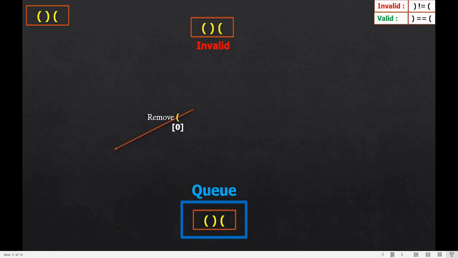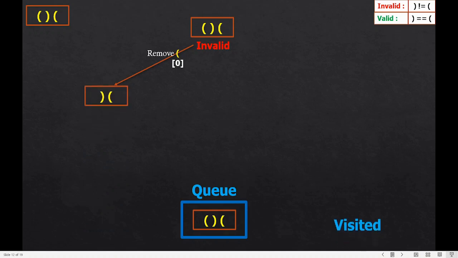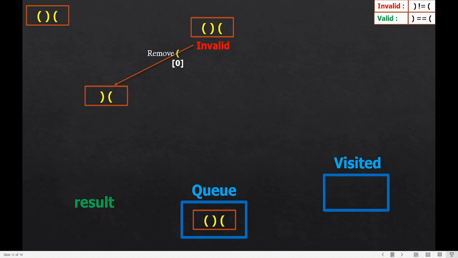Now we have different ways. First of all, if we remove the 0th index, we will obtain this. Now we will also put in a visited set so that we can keep track of the visited states, and also we will take a list of results that will keep track of the results.